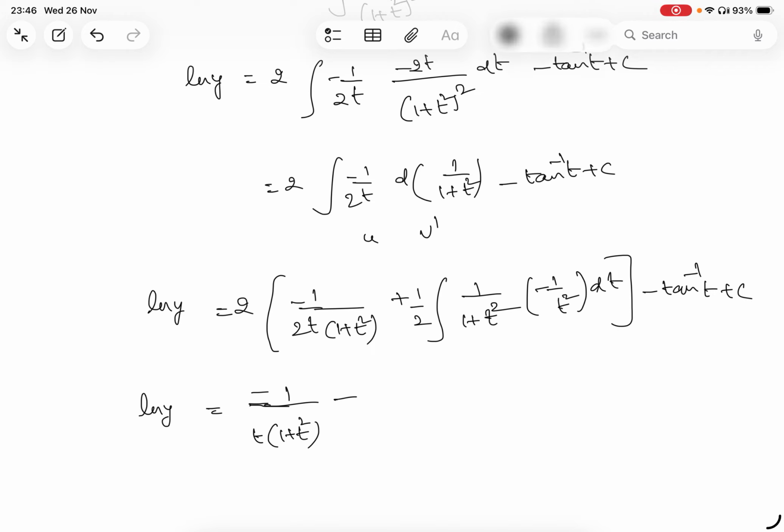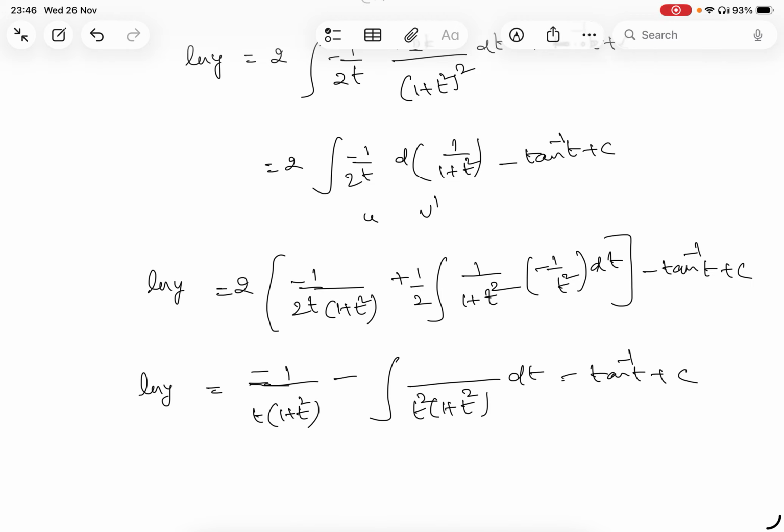Then this minus comes here, 1 by t square into 1 plus t square dt. It's correct, right? 2 will get cancelled and minus comes here and t square dt. Fine. Minus tan inverse t plus c.